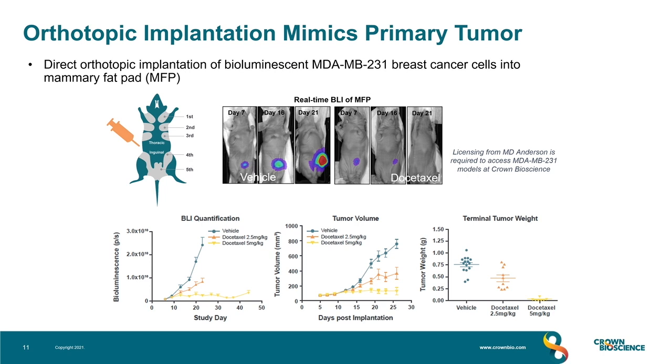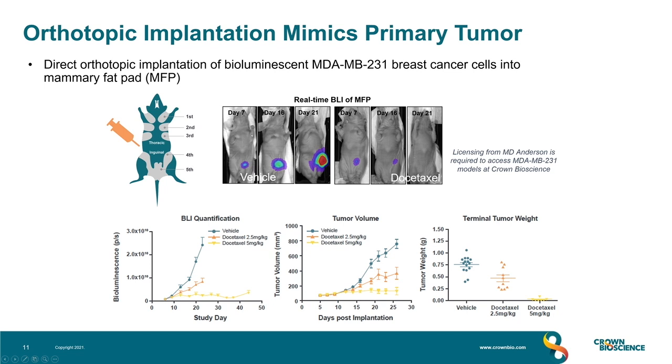To start with, this is the orthotopic breast cancer model. In this model, the cells were inoculated into the mammary fat pad. Data shown on this slide were generated using MDA-MB231, the triple-negative breast cancer cell line. Tumor growth can be followed with bioluminescence imaging.